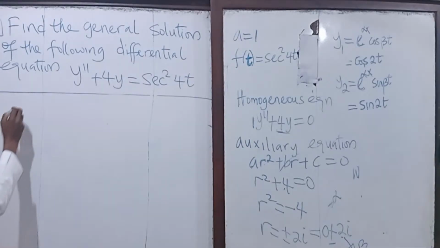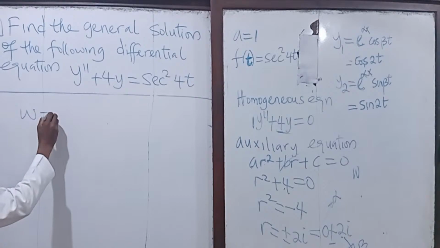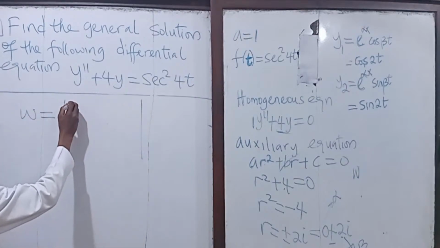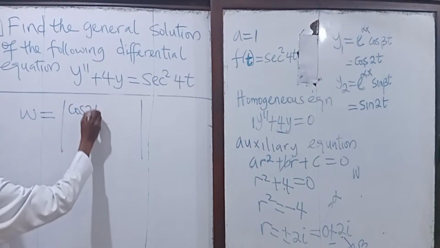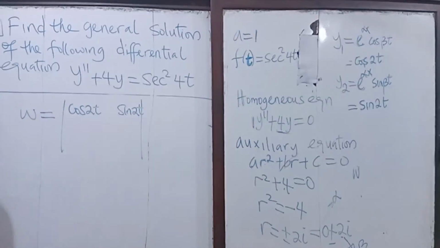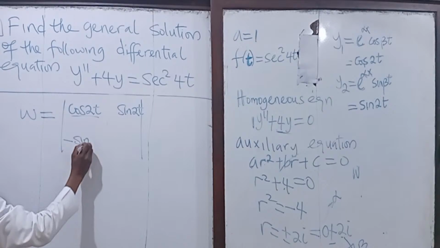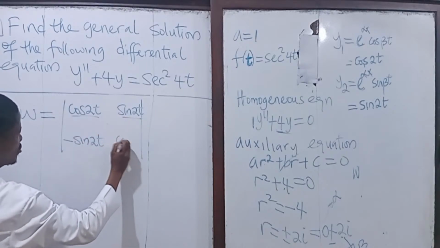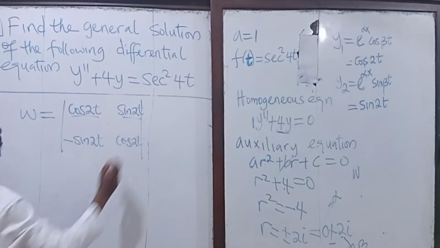So the Wronskian w is the determinant of y1, cos 2t, y2, sine 2t, and their derivatives: minus sine 2t and cos 2t.